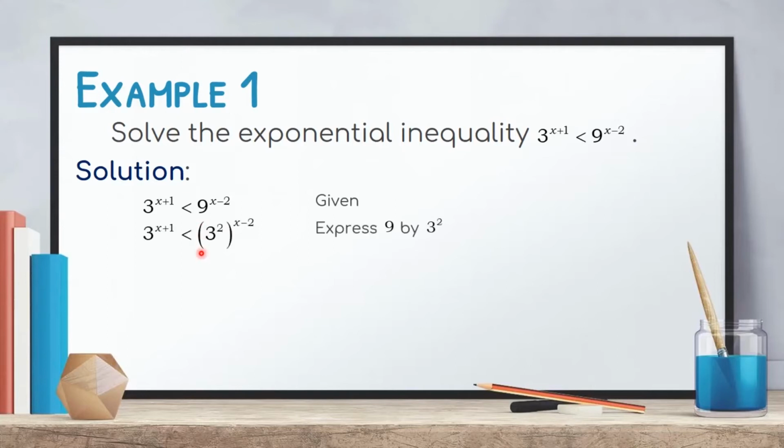So we will have 3 raised to x plus 1 is less than 3 squared raised to x minus 2. Since we have a power raised by another power, we need to multiply the two exponents. So we will have 3 raised to x plus 1 is less than 3 raised to 2x minus 4.